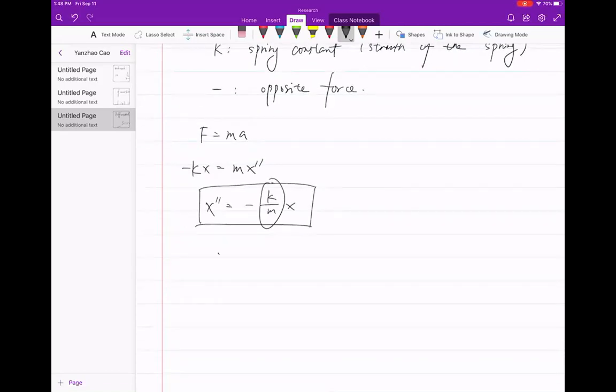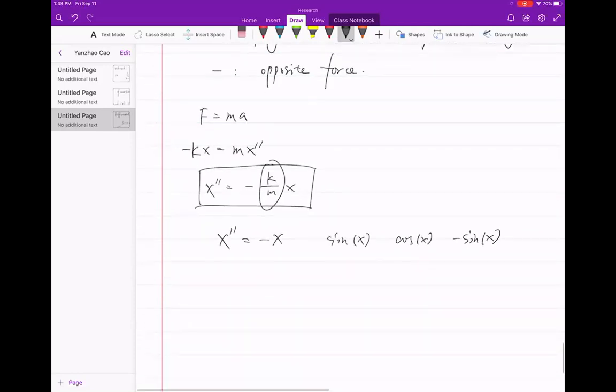What you're looking at is something like you have a function, you take the derivative twice, you get the negative of the function. Hannah? Sine. Sin x. You take the derivative, you take the derivative again, it becomes negative itself. Does cosine x work?